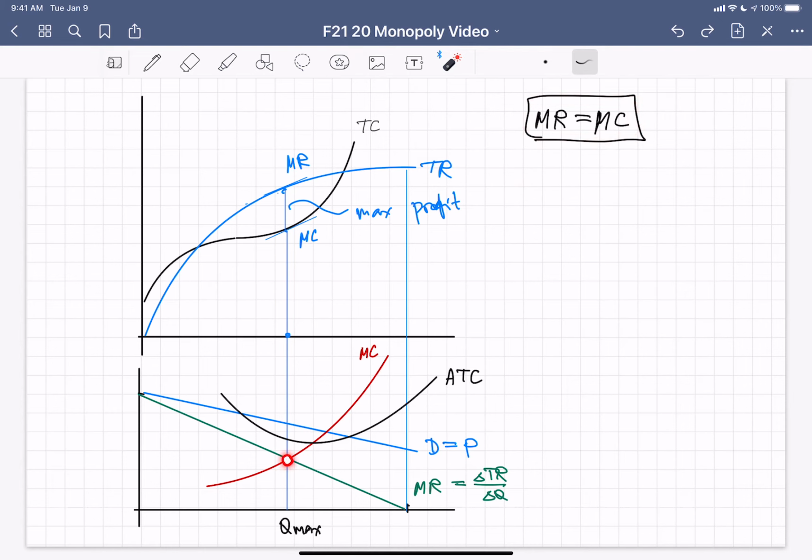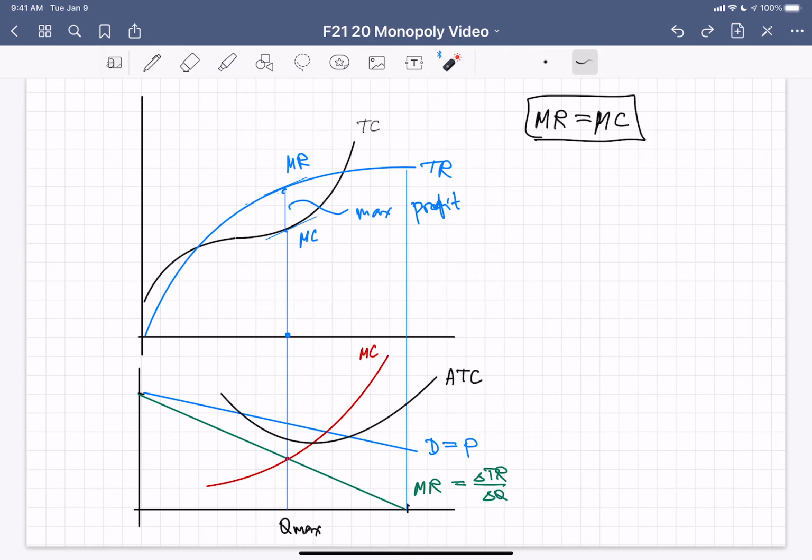Therefore, this intersection should match this maximum profit on the upper diagram. And well, that's pretty much it. So marginal cost, marginal revenue. We know where marginal revenue comes from. Well, we should remember where marginal cost is coming from.